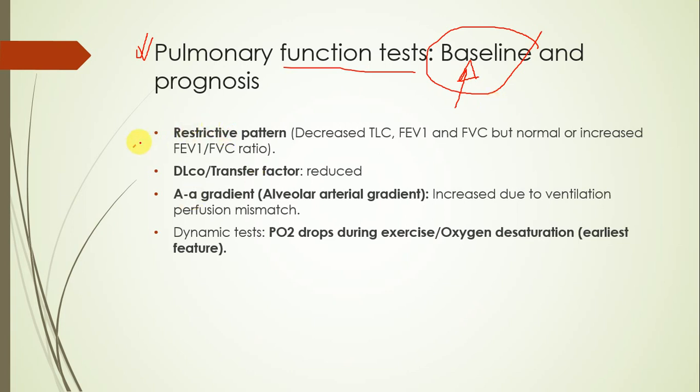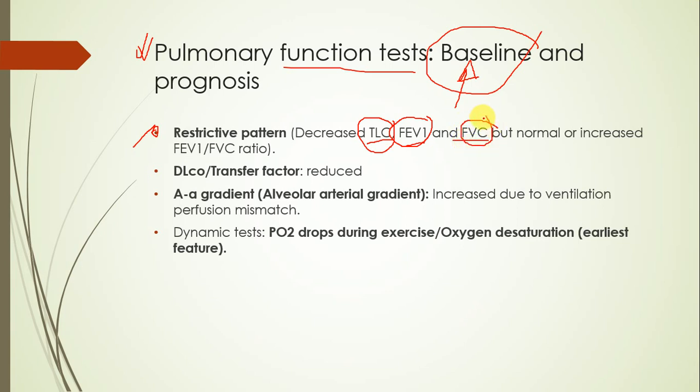Okay, so if we do pulmonary function tests in a patient with idiopathic pulmonary fibrosis, we'd obviously find a restrictive pattern, meaning the volumes will be low, including total lung capacity. Obviously, it's not a volume, it's a capacity, and the volumes such as forced expiratory volume in one second or FEV1 and forced vital capacity.